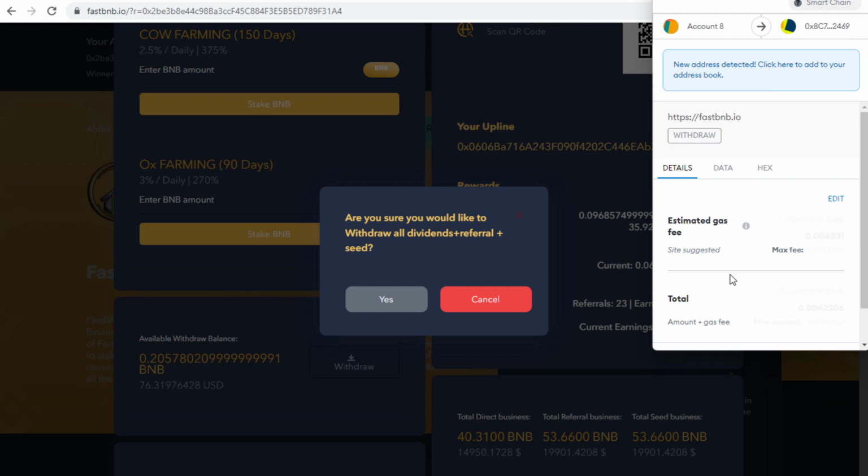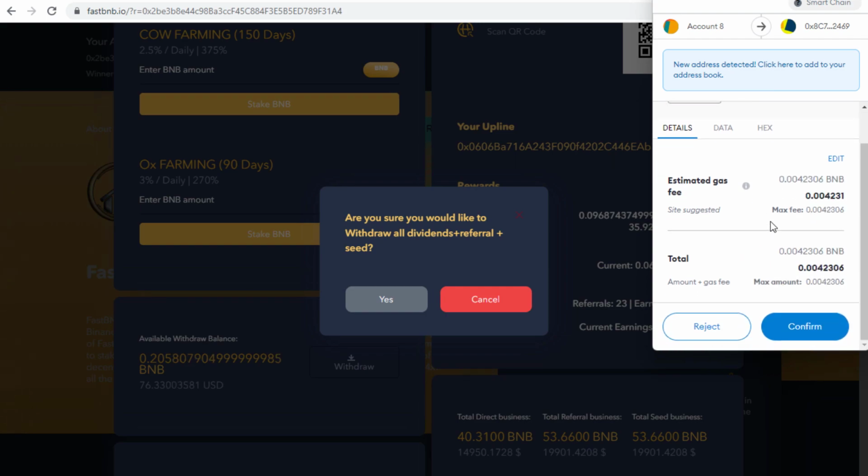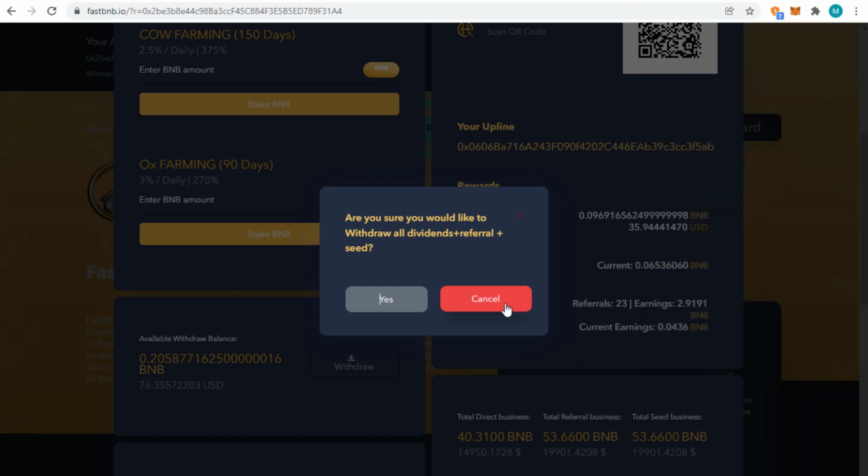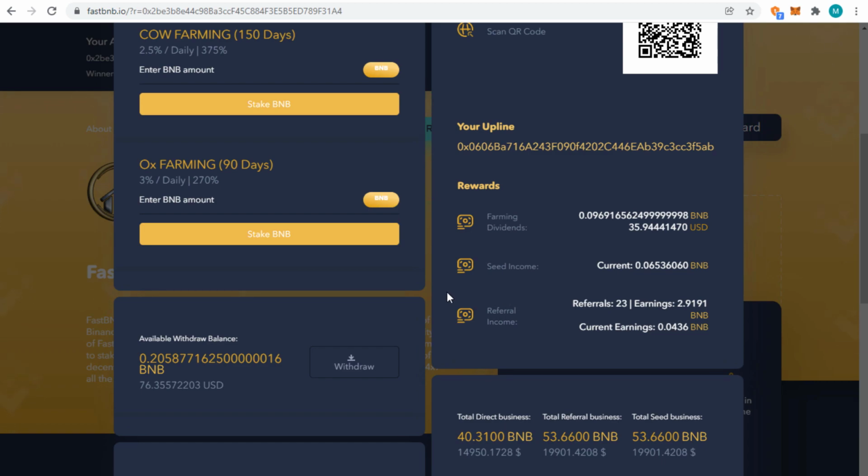Then it comes back with the gas fee. I always look at this: if it is 2 or 3 zeros, I say this is good. If it is 1 zero, I think it's expensive. So if it is 2 or 3 zeros, I click on confirm and I'm done. But since I'm not going to withdraw it, I'm not going to do that right now.